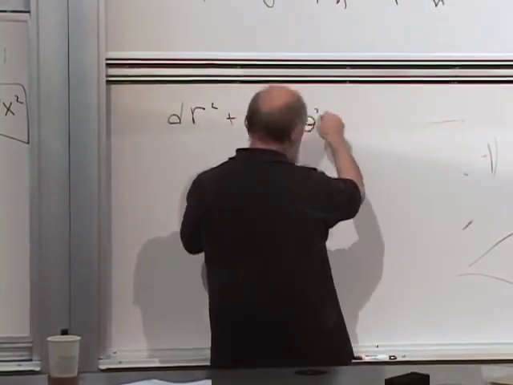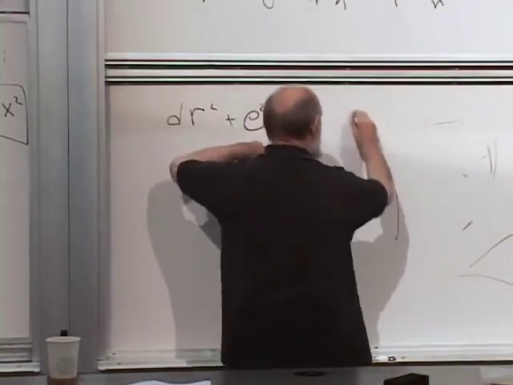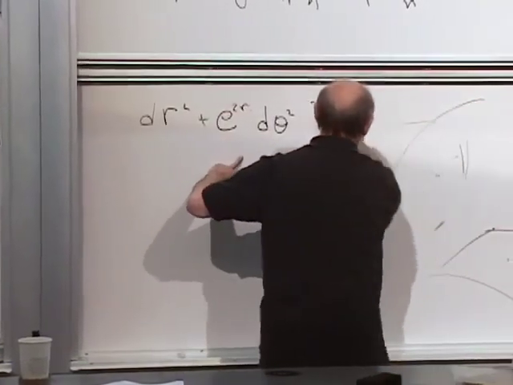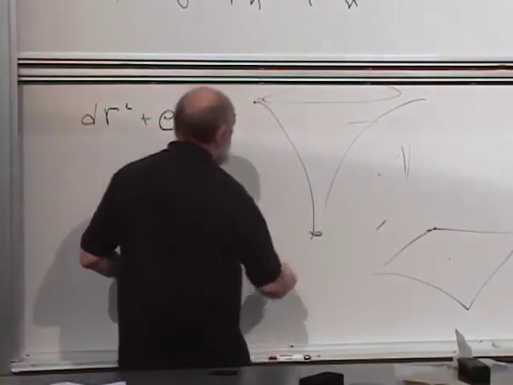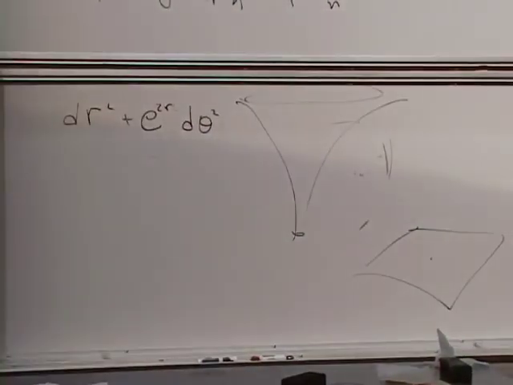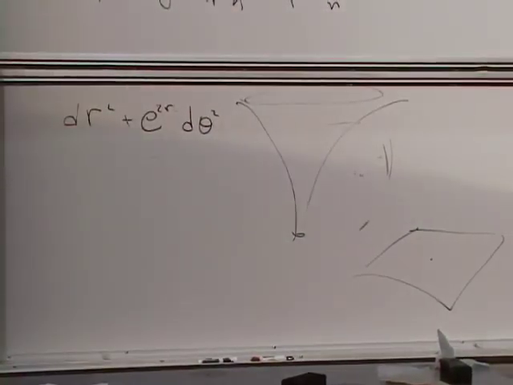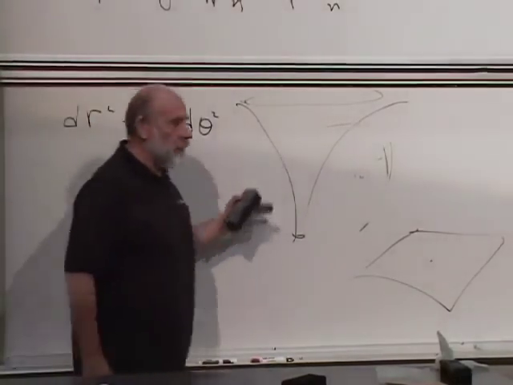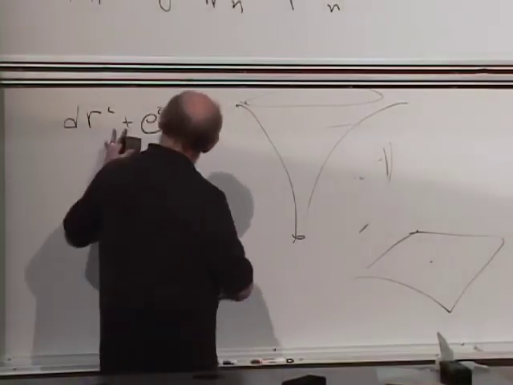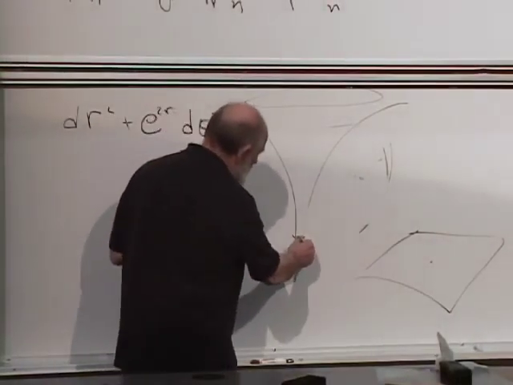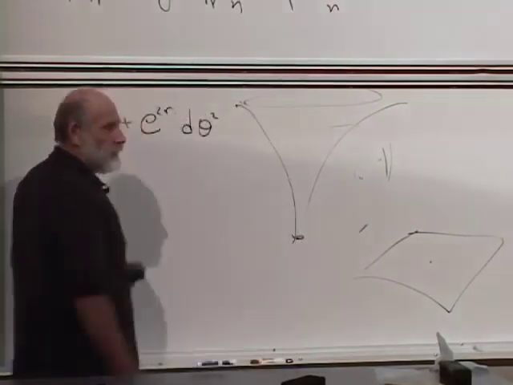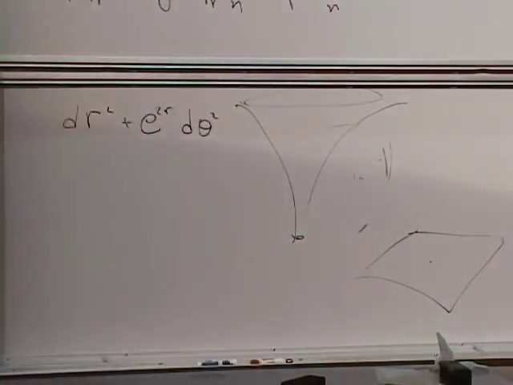The distance around the theta axis would grow exponentially. Now, it's not growing with time, it's growing with r. So this would be some kind of space which had the property that as you move away from r equals 0, it grows rapidly, exponentially.